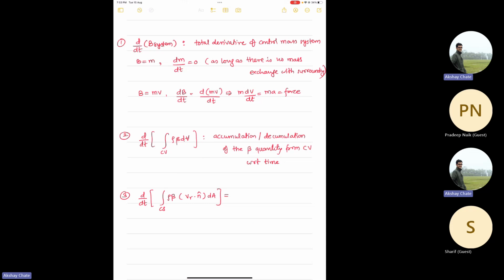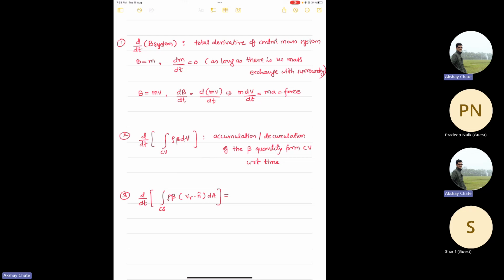The general sign convention says, whatever is going out of the control surface you take as positive, and whatever is coming inside the control surface you take as negative. There is a logic behind it, okay, I'll explain that also.